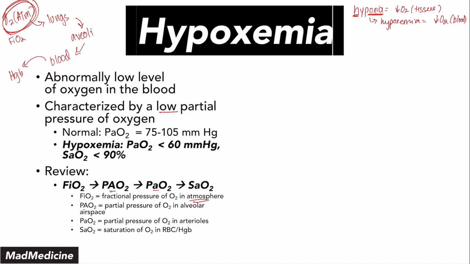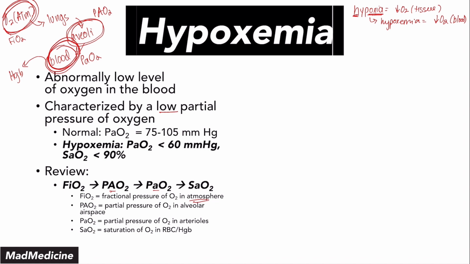Then you have PAO2 with the big A. This is the amount of oxygen, essentially, or the partial pressure of oxygen in your alveoli, in your alveolar space. Right here, this is PAO2. Then you have PaO2 with the little a. This is the partial pressure of oxygen in your arterioles, or your blood. That's how I classified it. So this is PaO2 in your arteries, or the arterioles, the smallest of the arteries.